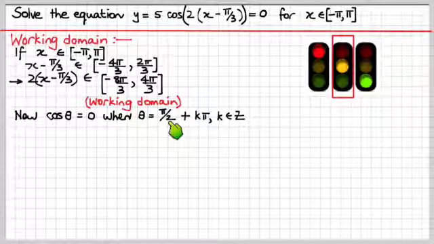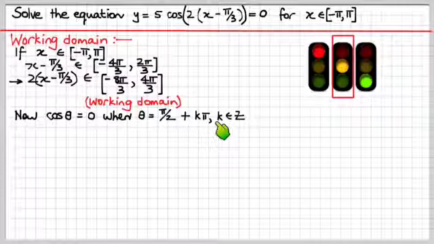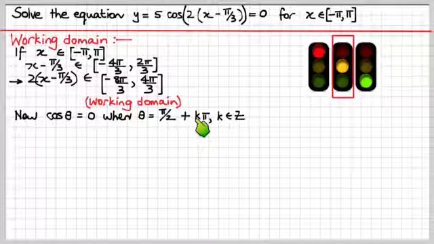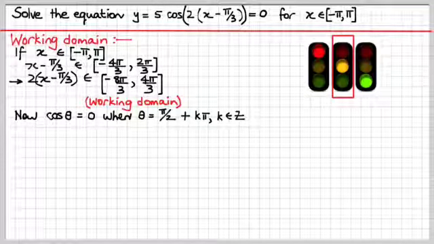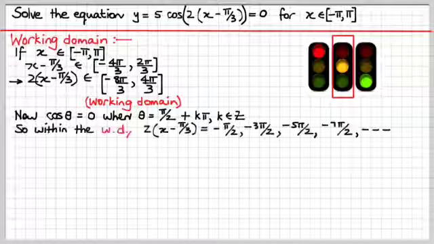And then, if you draw that graph in your mind and visualize it oscillating around, you'll notice that it hits the 0 line every π after that. And indeed, you could make this k here any integer at all, positive, 0 or negative, in order to capture all of the solutions for, say, a general solution situation. But what we will do is capture all the solutions within our working domain, okay?